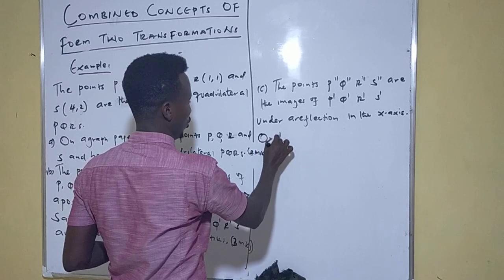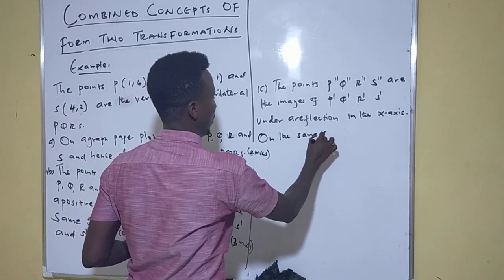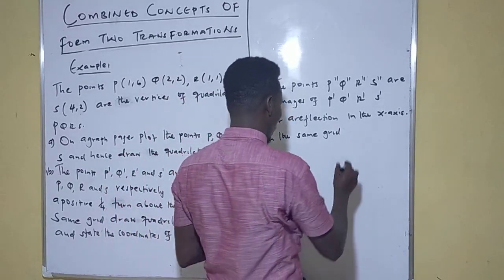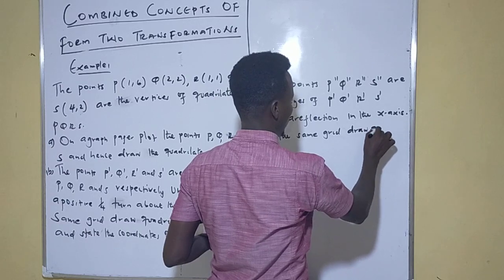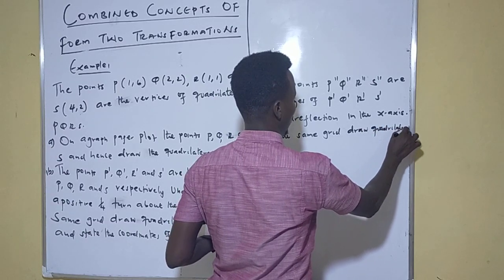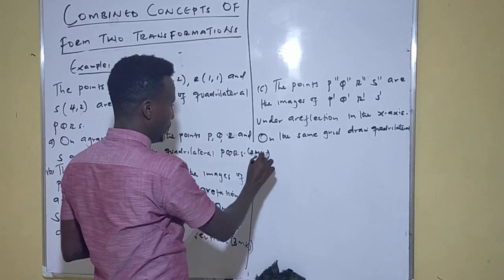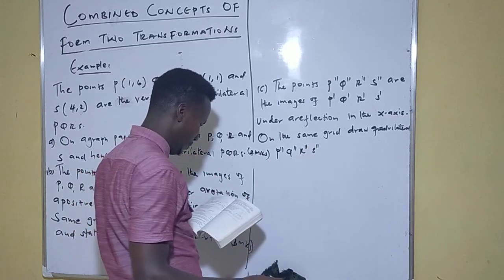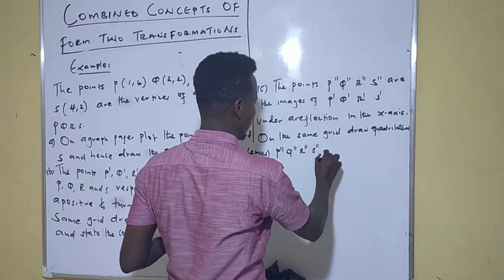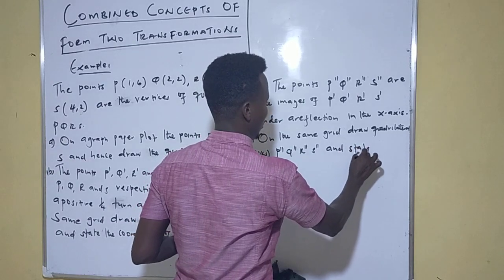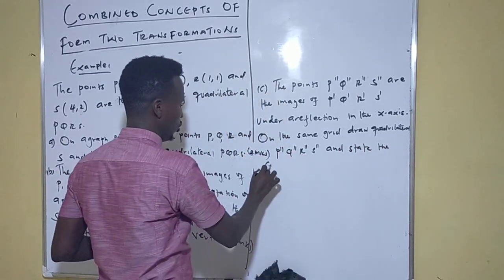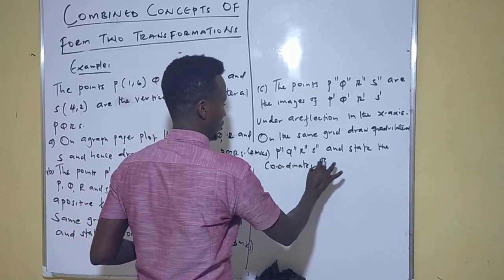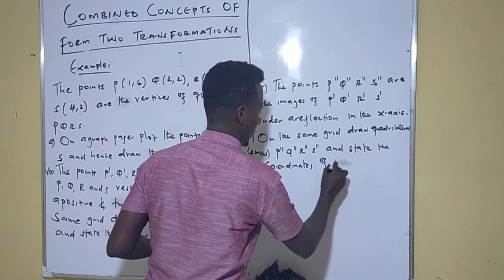On the same grid, draw quadrilateral P double prime, Q double prime, R double prime, S double prime, and state the coordinates of its vertices.